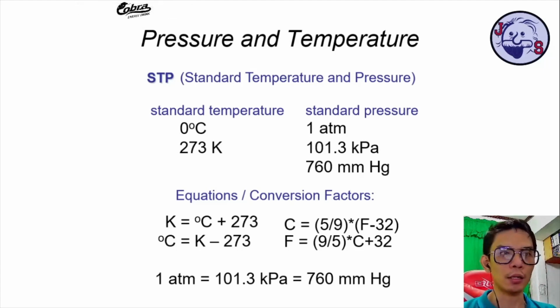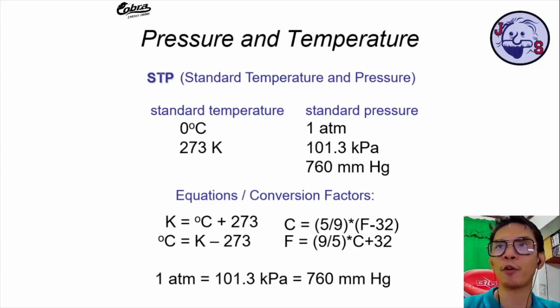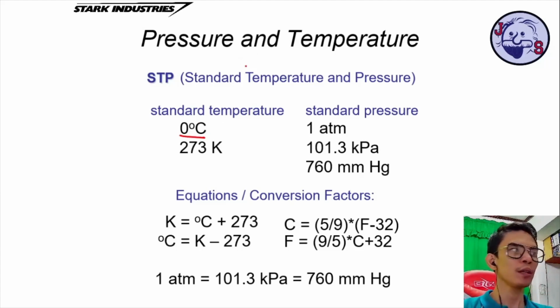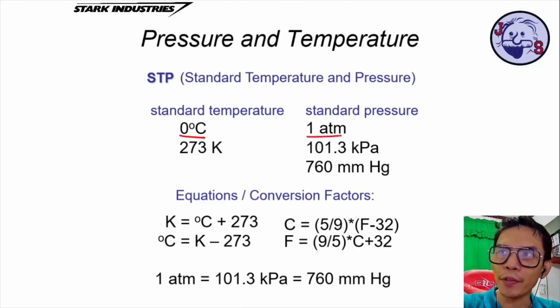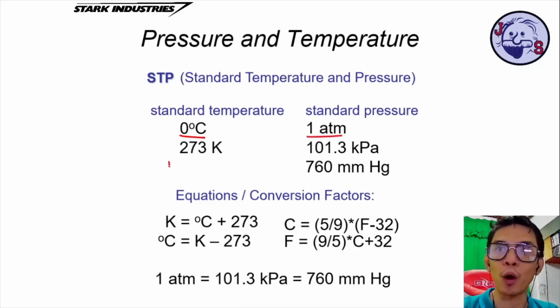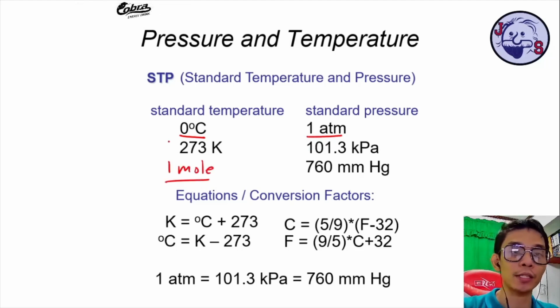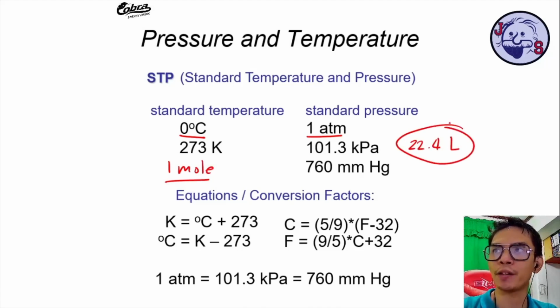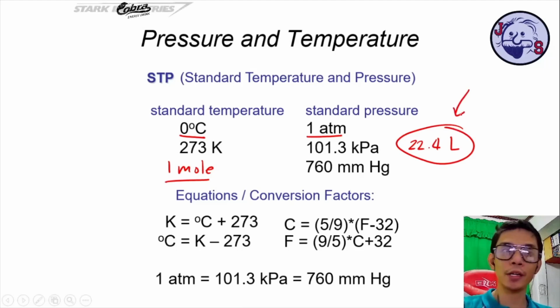And the standard volume, under 0 degrees Celsius and 1 atmosphere, for 1 mole of a certain gas is 22.4 liters.